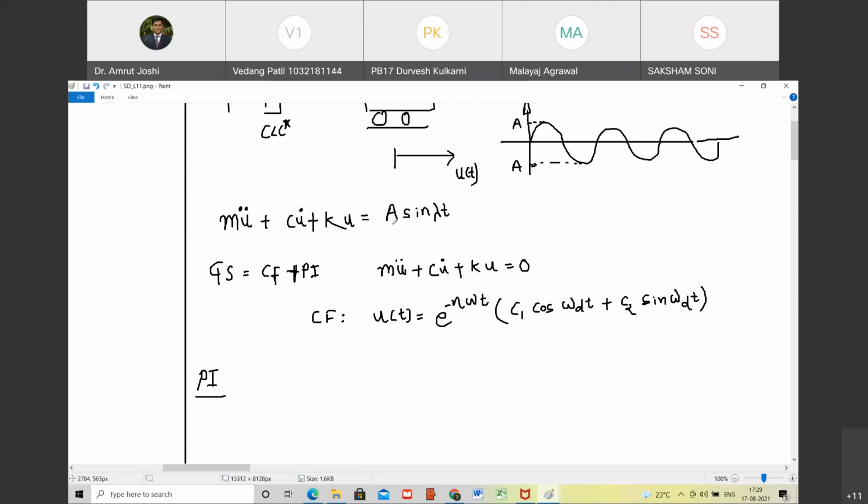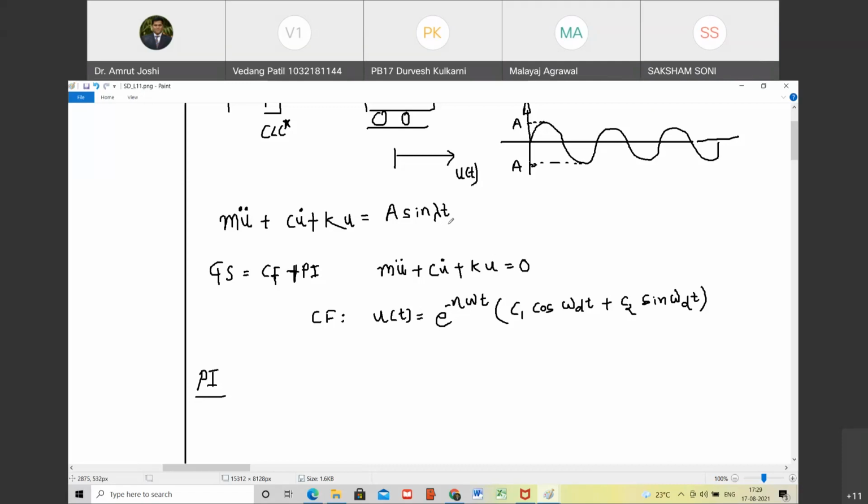Now how do we guess this solution? There are rigorous methods for that, but we will do it by trial and error now. I want u in such a fashion that if I substitute that value of u in the parent equation, on the right hand side I should obtain A sine lambda t.